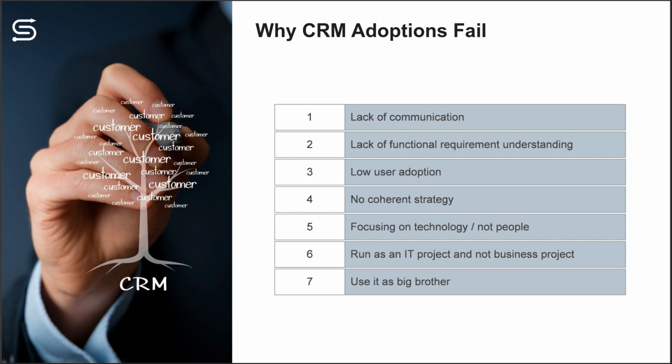So when we're talking about lack of communication and understanding the business process, that can lead to number two, which is the lack of functional requirement understanding. So if you make everything about the app, to me, that's a lack of communication because you're making things about the wrong thing. An important part of communication is prioritizing the message and prioritizing what you're trying to communicate about.